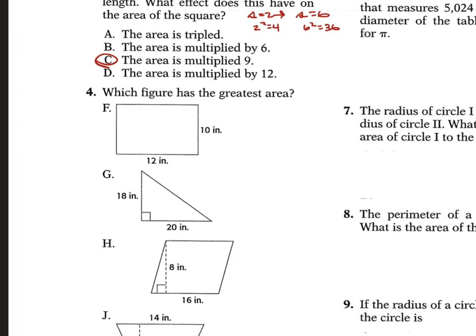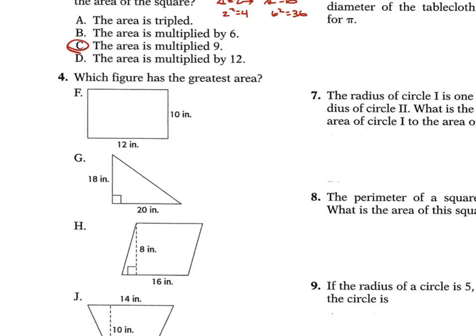4 says which figure has the greatest area? For F, we have 12 times 10, which is 120 inches squared. G, you have 18 times 20 divided by 2, so that's 18 times 10, which is 180 inches squared. For H, you have 8 times 16, which gives us 128 inches squared.